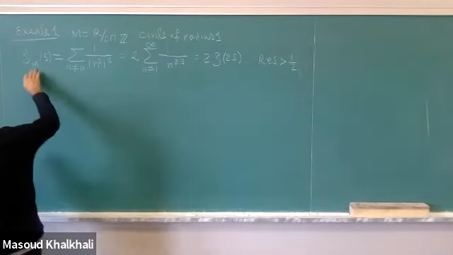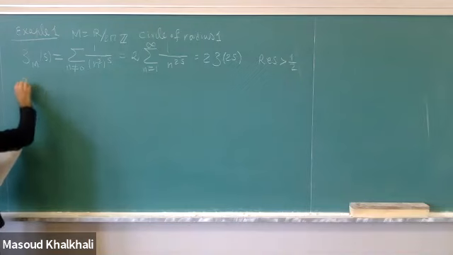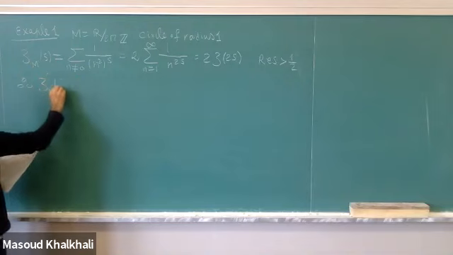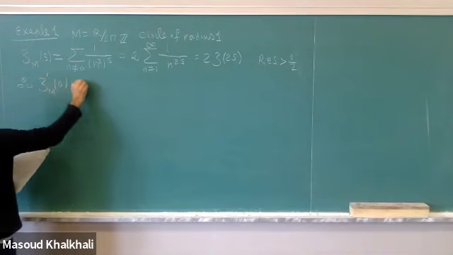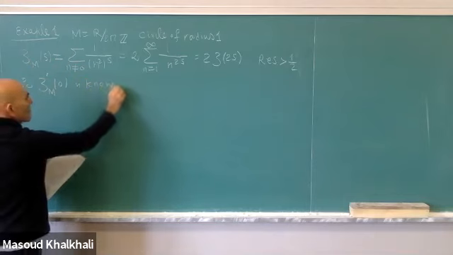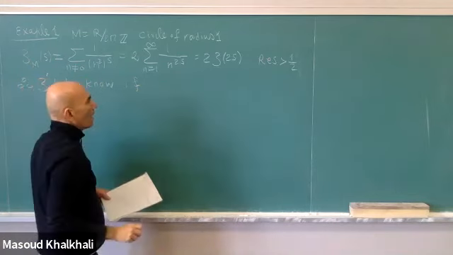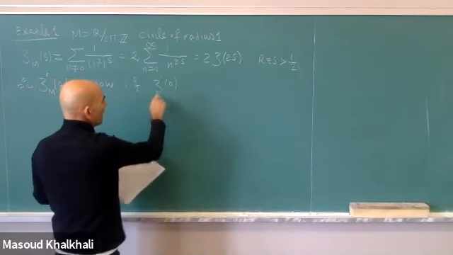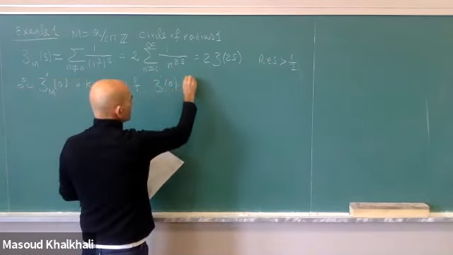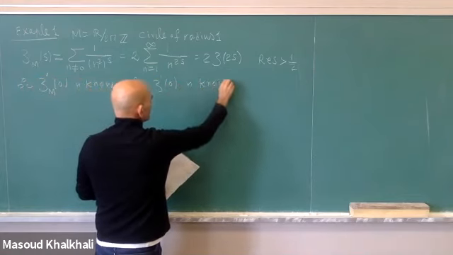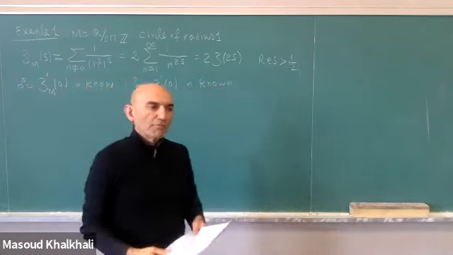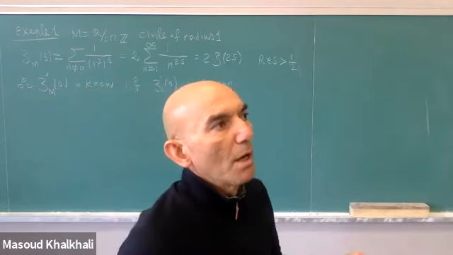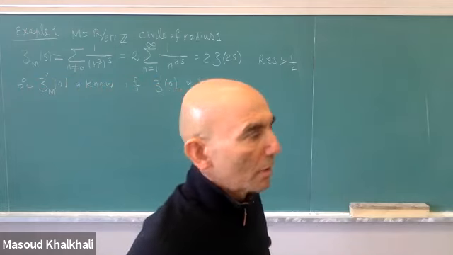Then the conclusion of this story is that zeta prime of M at 0 is known if the Riemann zeta function at 0, the derivative of zeta at 0, is known. Right? So if we know the value of the derivative of the Riemann zeta function at 0, then we know this.